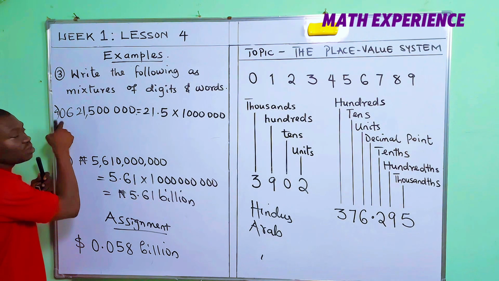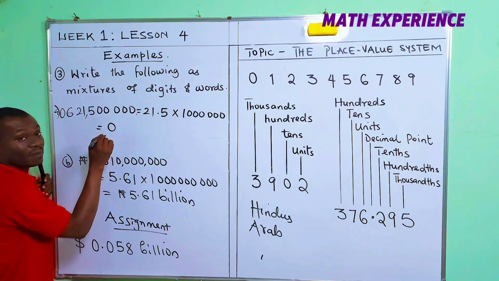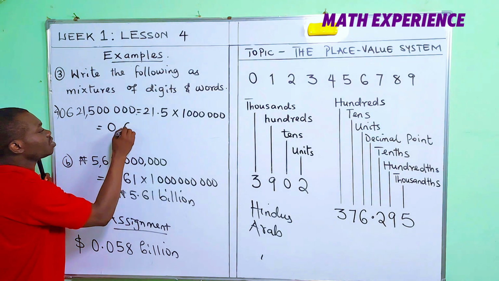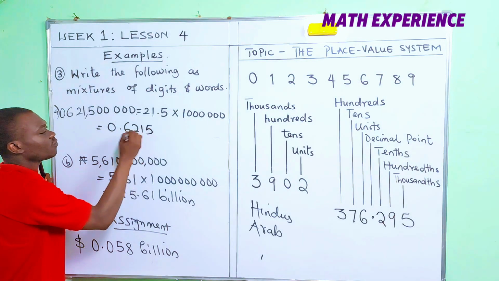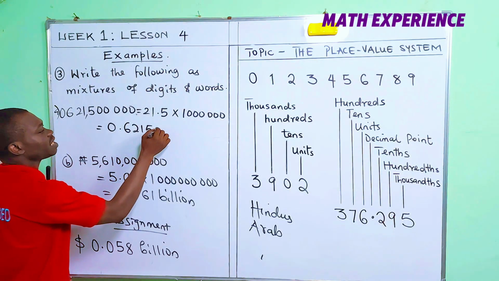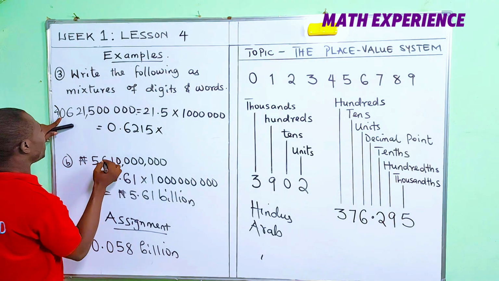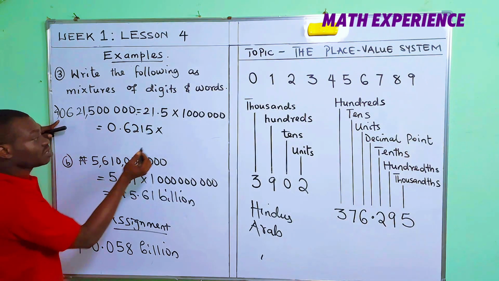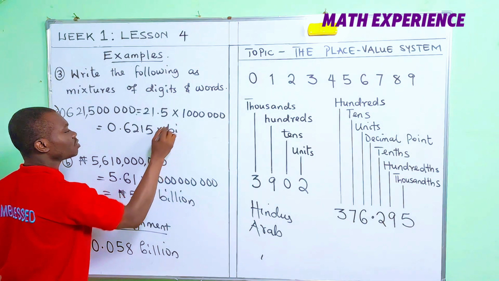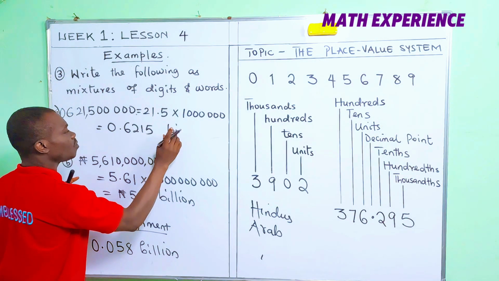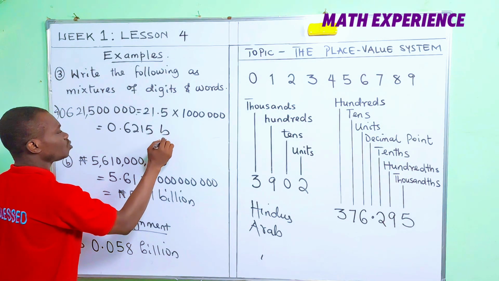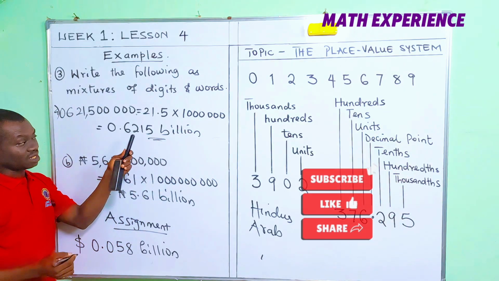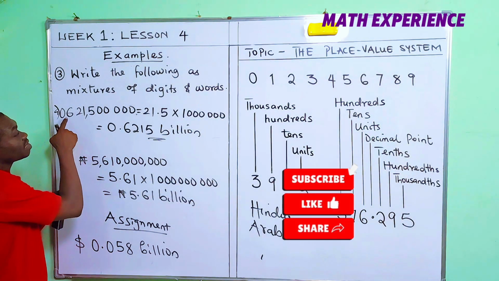So after that unit, remember I told you after unit you put your point. So you now put your 6215 as digits, and then you multiply by, remember after this you now count the digits, and the digits will be 9. So since it is 9, that means it is billion. So what you have is 0.6215 billion.